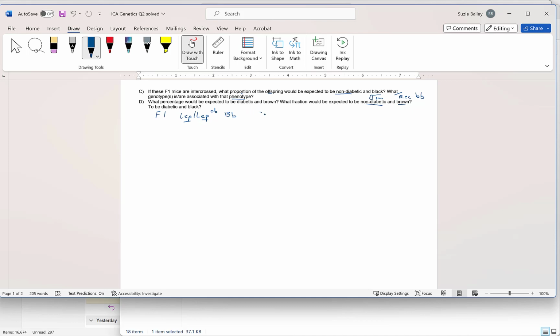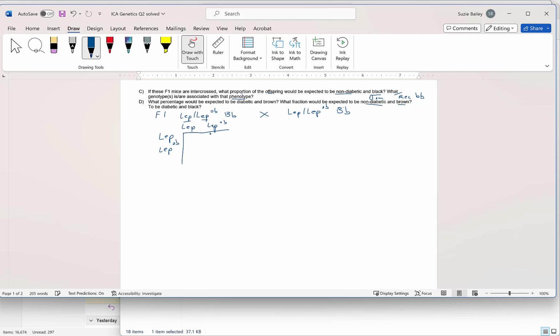And so if we think about this, crossing F1 that's a heterozygous animal with another F1 that's a heterozygous animal, we could actually think about this and capture this kind of in a snapshot in our mind as all possible offspring being the product of 2 smaller Punnett squares, right, which is a little bit easier to visualize, right? We'll do the LEP Punnett square over here.